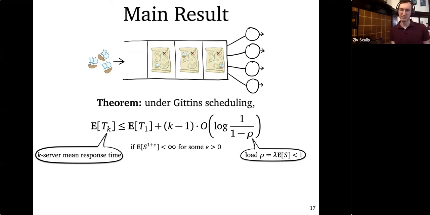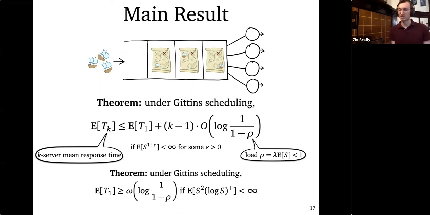To justify calling that slow, one can show, and this is another theorem in our paper, that single server mean response time grows faster than log of 1 over 1 minus rho under a condition that's basically finite variance. So if your size distribution has finite variance, then E[T_1] is the dominant term.